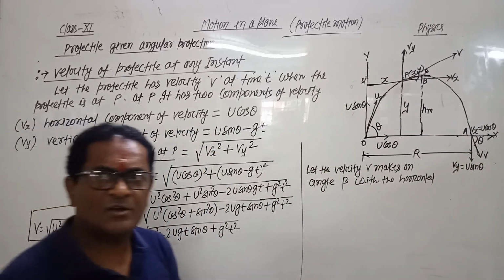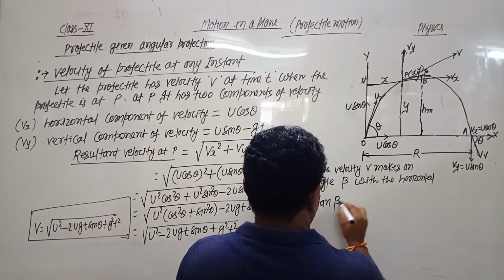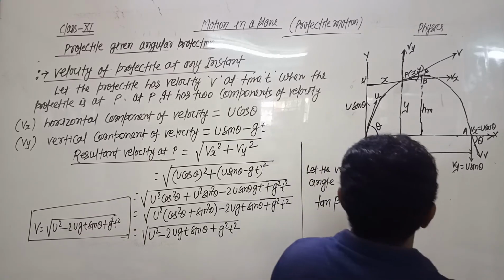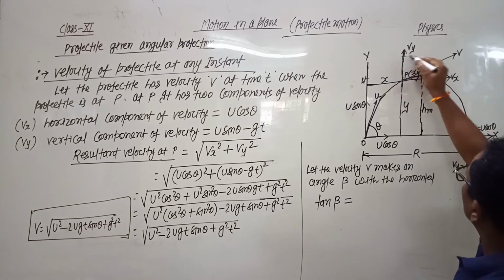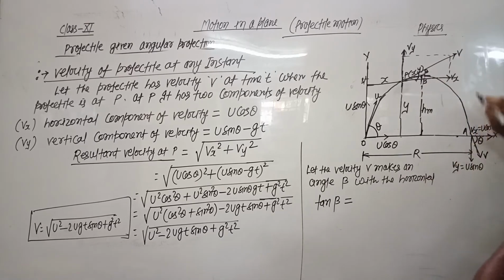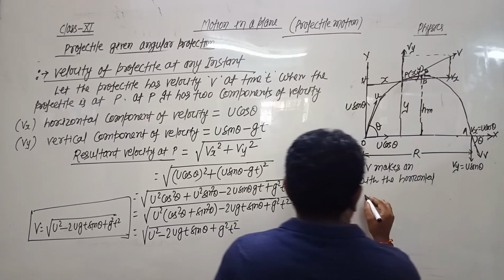We are interested in finding the angle, tan beta. This is the rectangular component. So tan beta equals perpendicular upon base. The perpendicular is Vy, and the base is Vx. So tan beta equals Vy upon Vx.